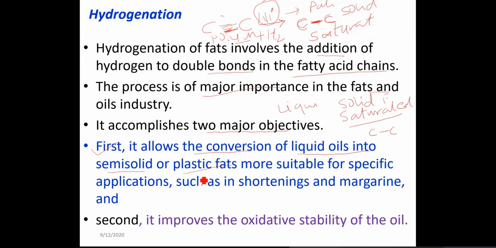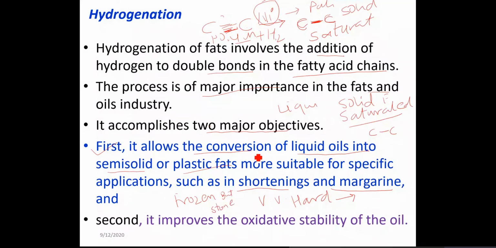We will see slowly, you can convert them into shortening, or even into a very hard margarine, or you have seen frozen butter. If you keep butter in the fridge, it becomes like a stone, very hard.